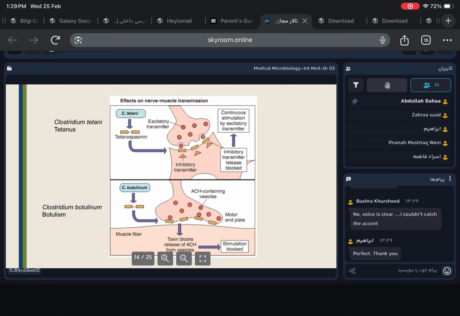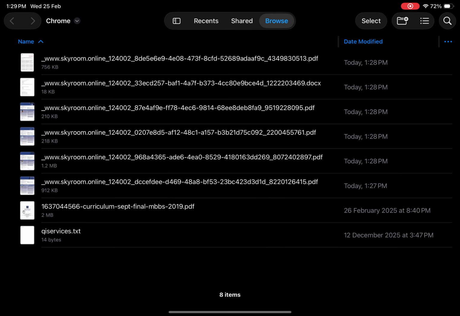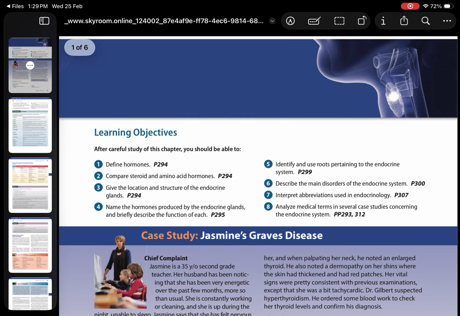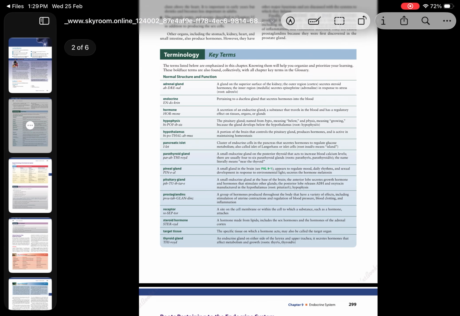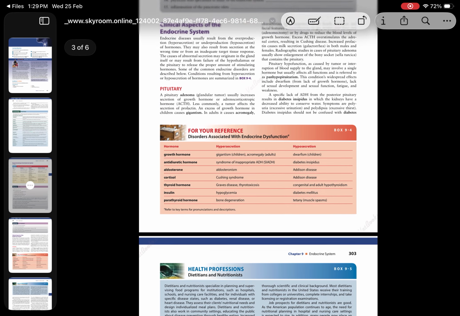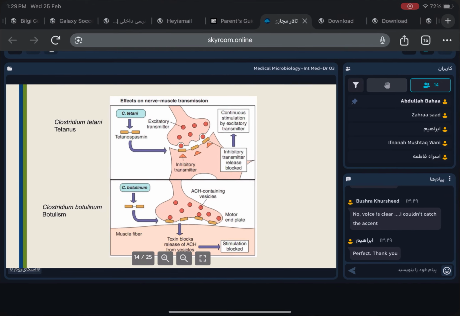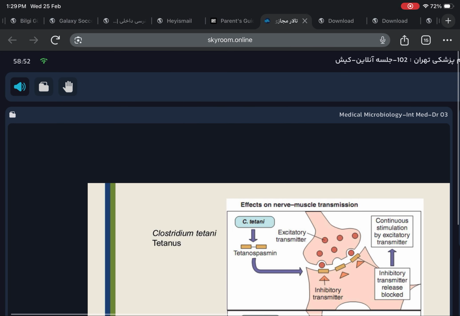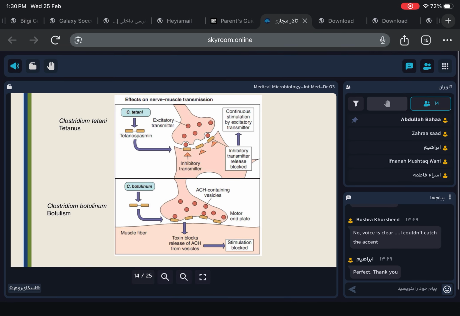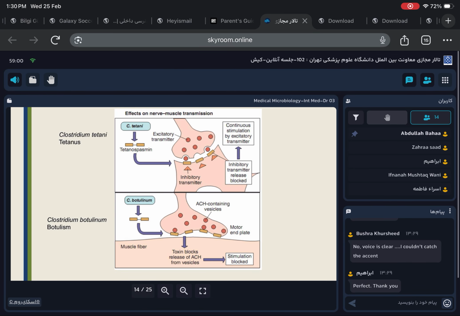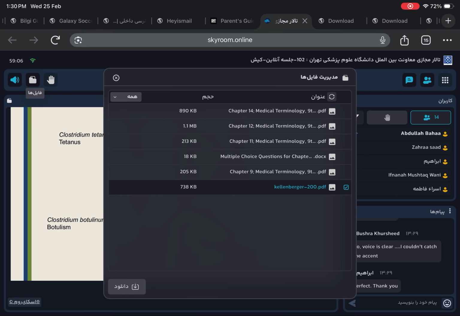Okay, so here I'm going to tell you more about other types of AB toxins. Again, we have Clostridium tetani. It's the causative agent of tetanus. You already know that tetanus is severe muscle contractions, spasm. This bacterium produces an AB toxin, which is called tetanospasmin, which affects neurons.